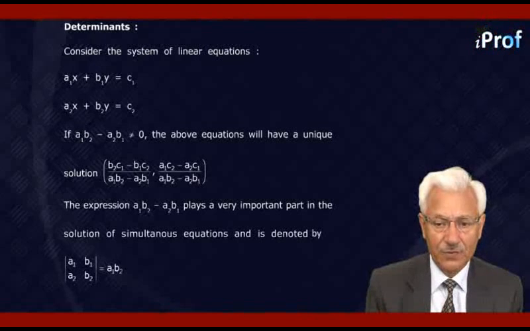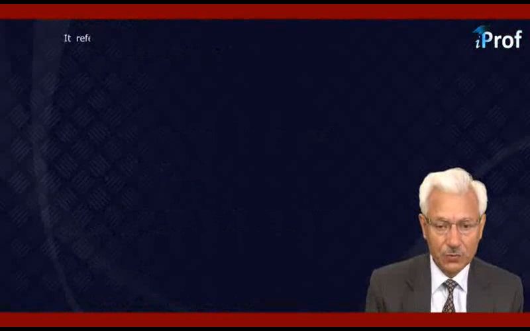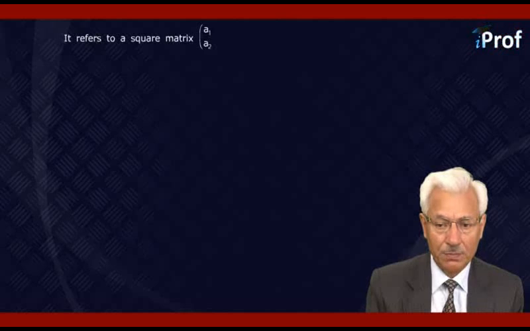Its value is a1b2 - a2b1. It is called a determinant of second order. It refers to a square matrix which has the same elements a1, b1, a2, b2.